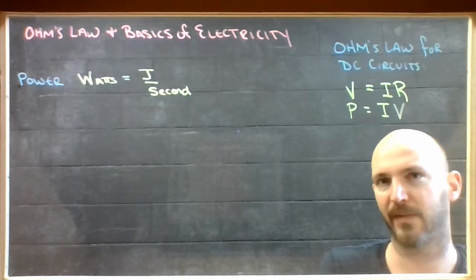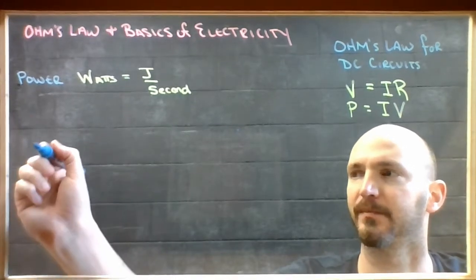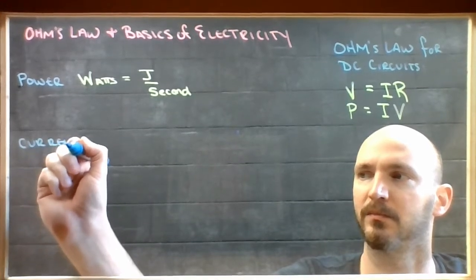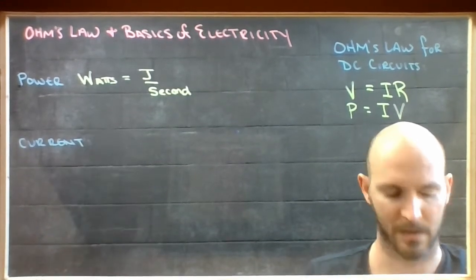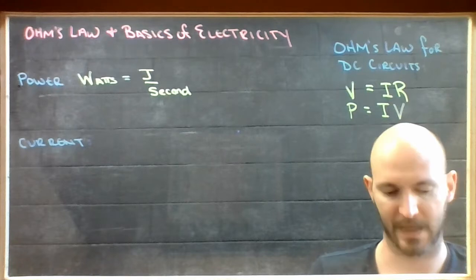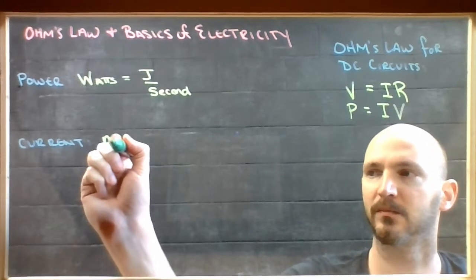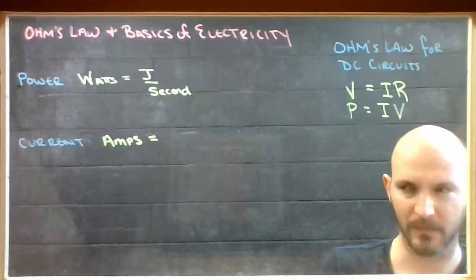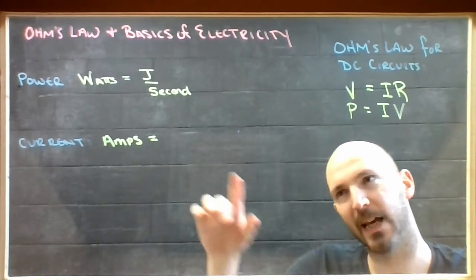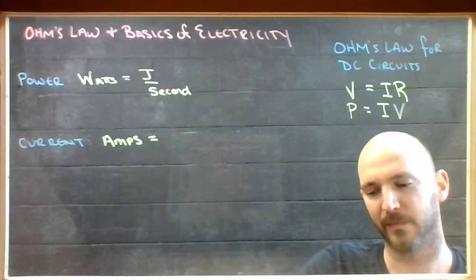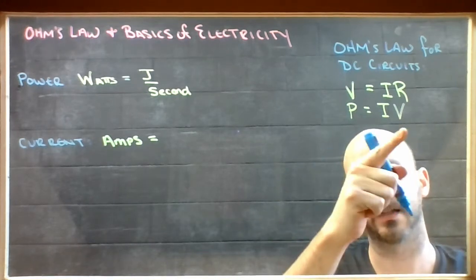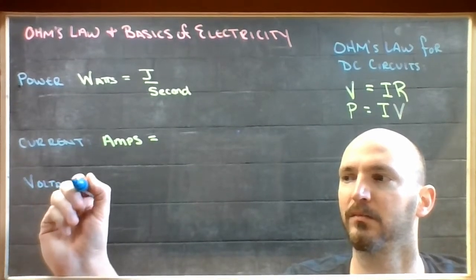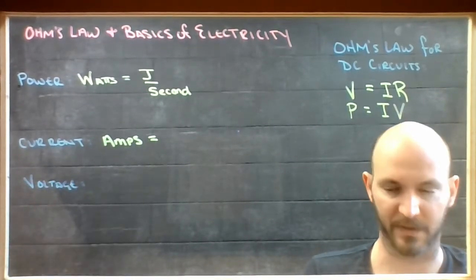So if I take current then, it was measured in amps. And then I've got voltage up here. Voltage was in volts.